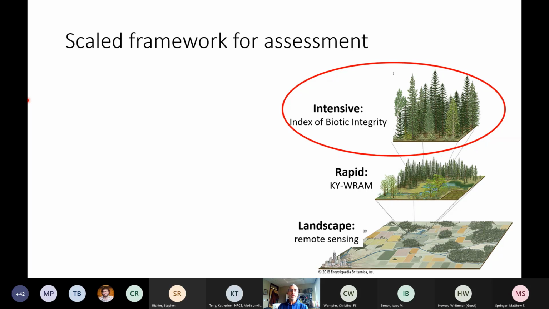For instance, when the rapid assessment method indicates that the condition is borderline between two categories, right on the border of a Category 1 and Category 2 wetland, or a Category 2 and Category 3, or if it turns out to be a Category 3 wetland and you're interested in knowing why, what is it about this wetland that makes it really high quality, you might turn to these intensive methods for more information about the site.